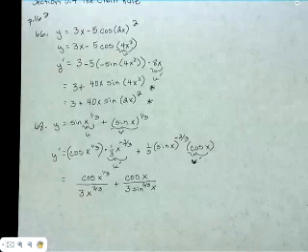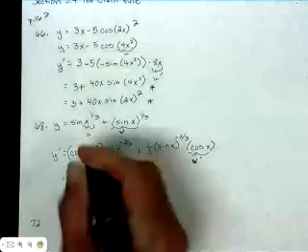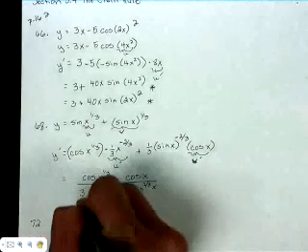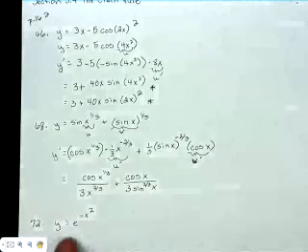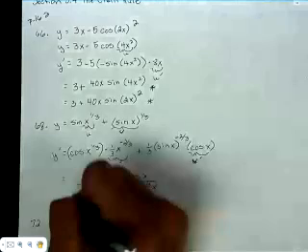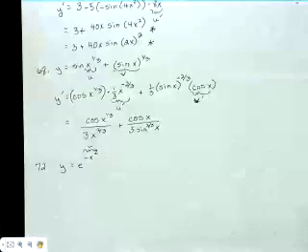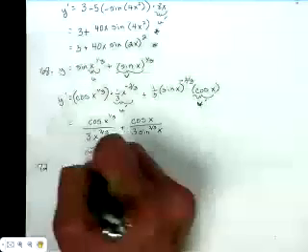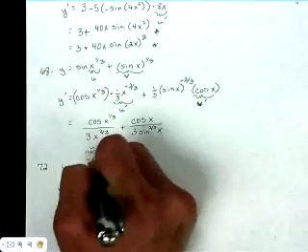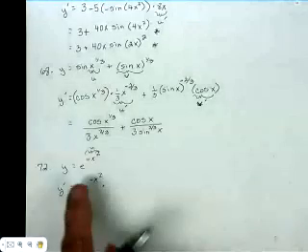Number 72. Y equals e to the negative x squared. That's not just e to the x, it's e to the ugly. And the derivative of e to the ugly is e to the same old ugly times the derivative of the ugly.